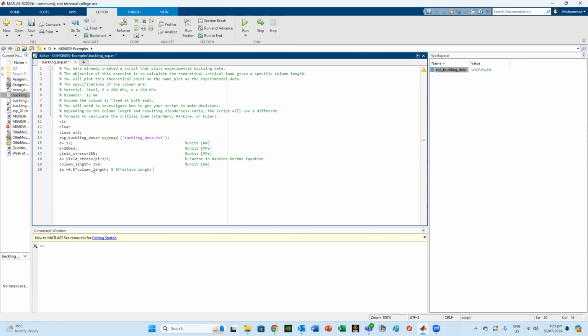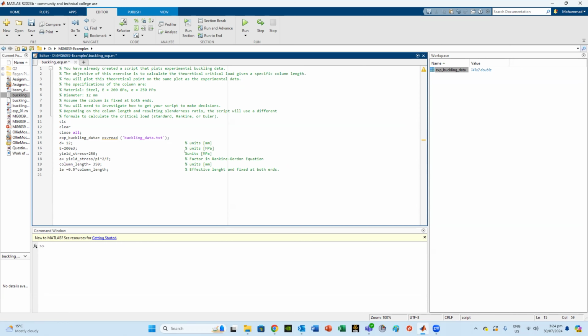And that is also because it's fixed at both ends as stated in the question. So you can see here, assume the column is fixed at both ends. And based on the formula sheet, we can see that the value for it is 0.5 L. Whatever is the length, 350 millimeters, that will be 0.5 of that value. Okay.